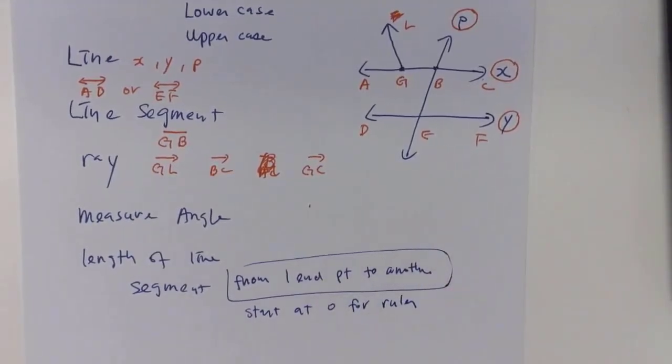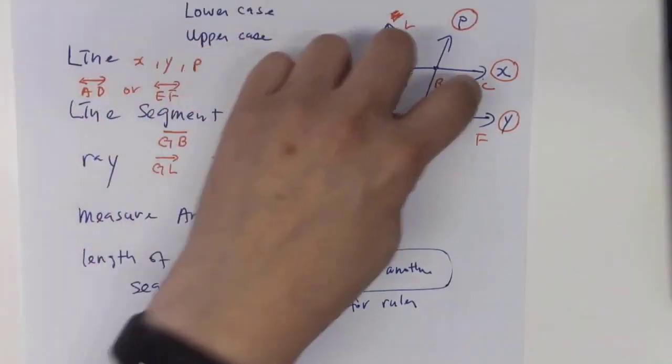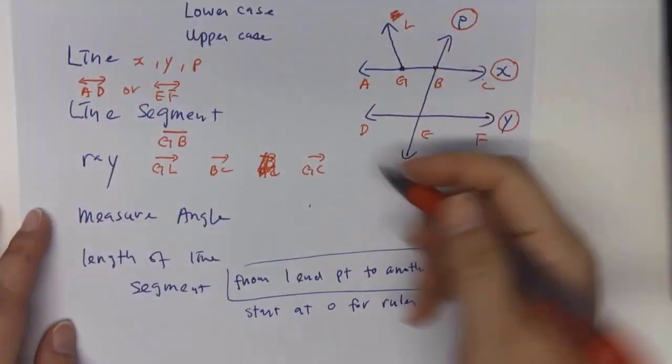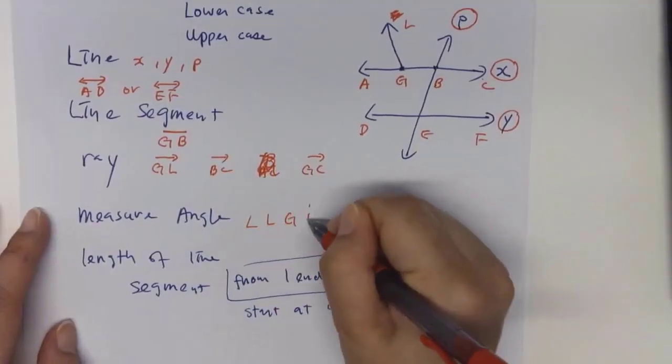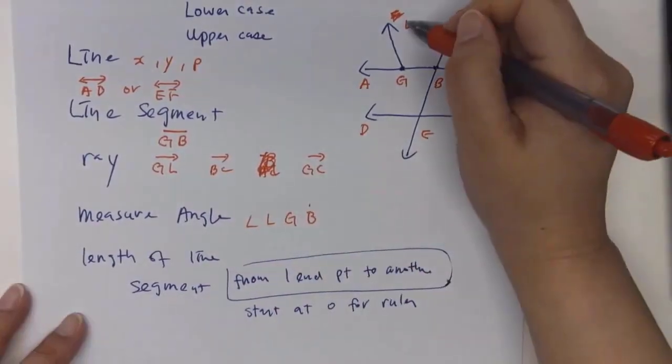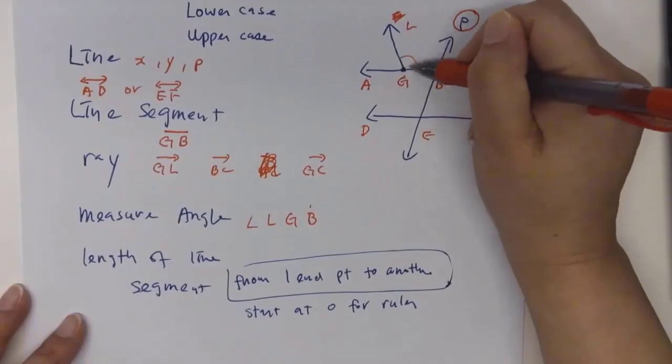Okay, and if we are doing an angle and we try to measure it when we use the protractor, say I'm going to measure angle LGB. So L is here, G is here, B is here, meaning here, right?